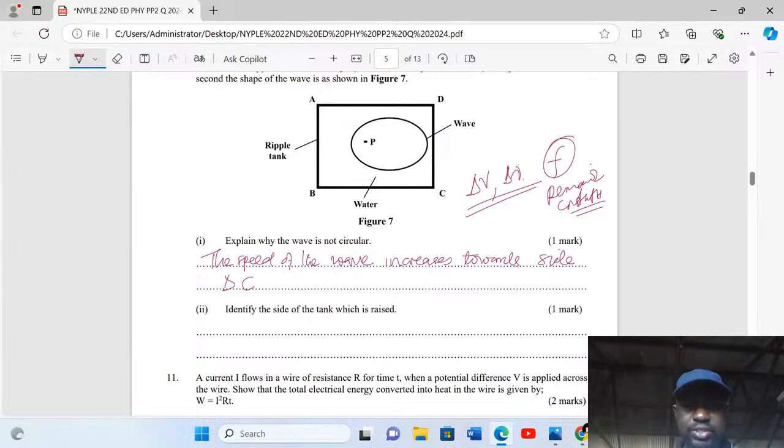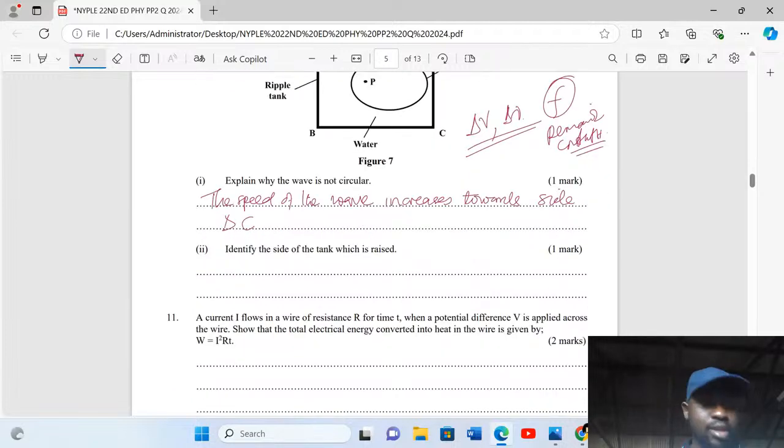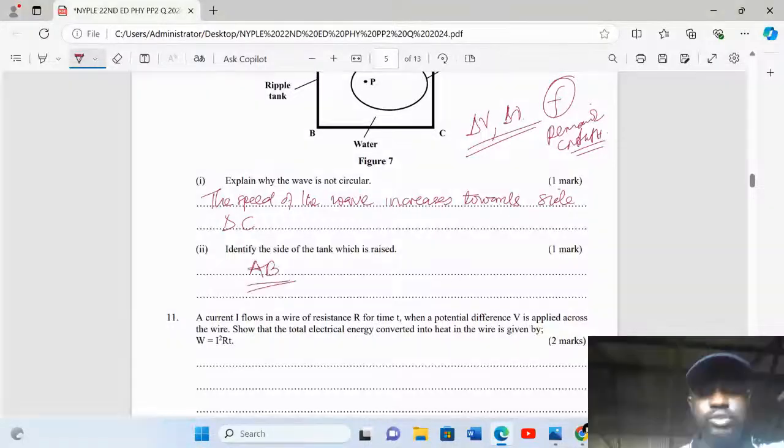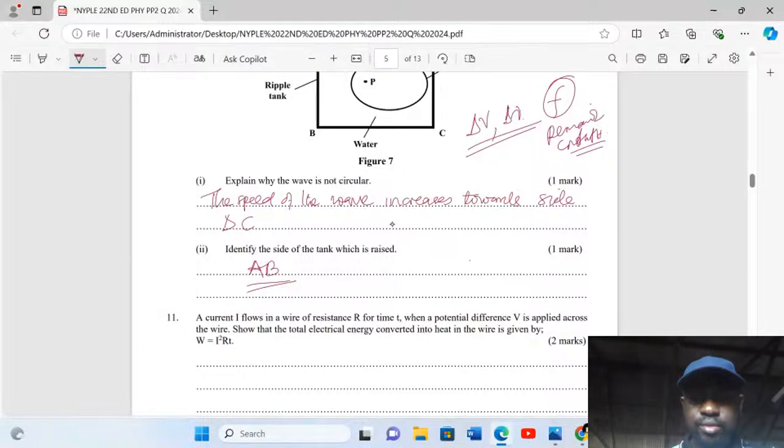If the speed increases towards side DC, it means the wavelength is also increasing from side AB towards DC. Identify the side of the tank which is raised. It is AB. Then if you raise AB, this is how the wave is likely to behave. It will behave in this manner.